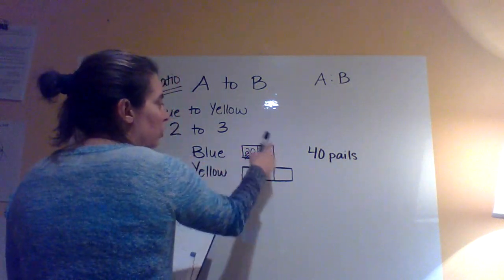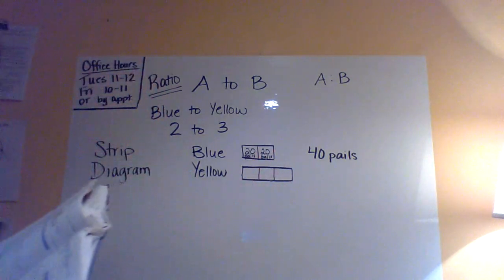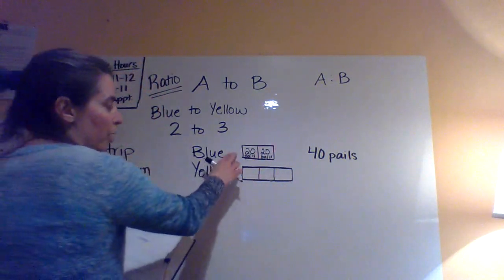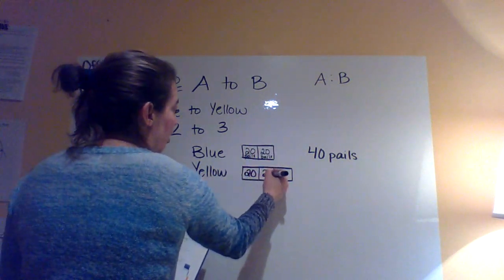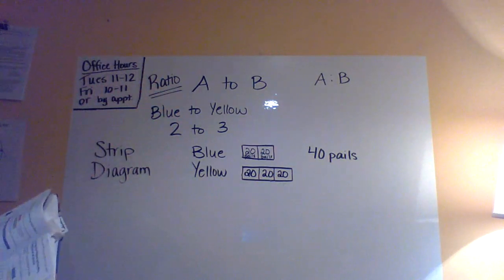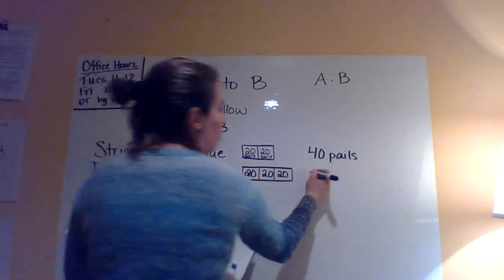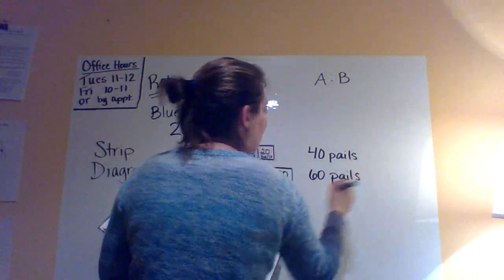For every 2 groups of blue, I need 3 groups of yellow. So that's why I needed to know how much each group was. Each group is 20 pails. So each group of yellow is also 20 pails. And I'm going to use 60 pails of yellow.